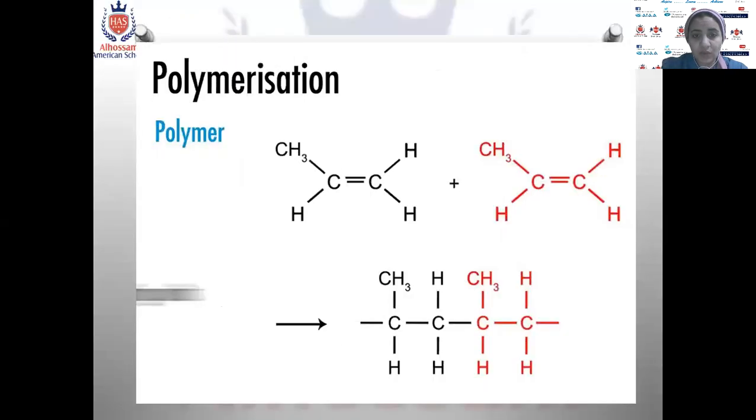One methyl ethene, the black one, is called a monomer, and the red one is also a monomer. Monomer plus monomer forms polymers.